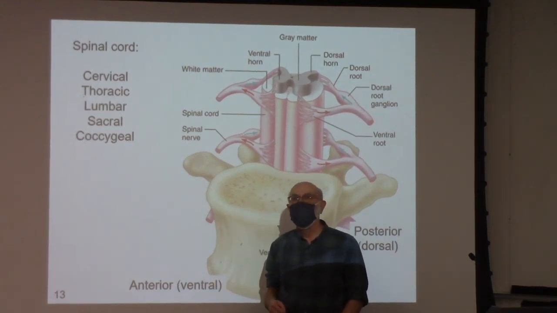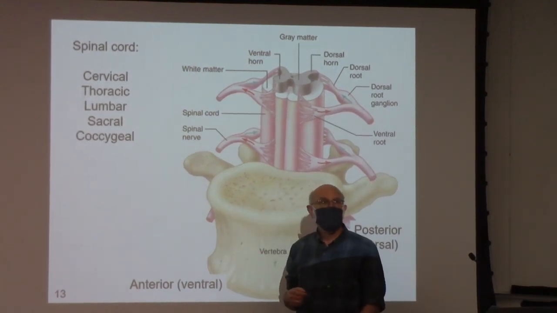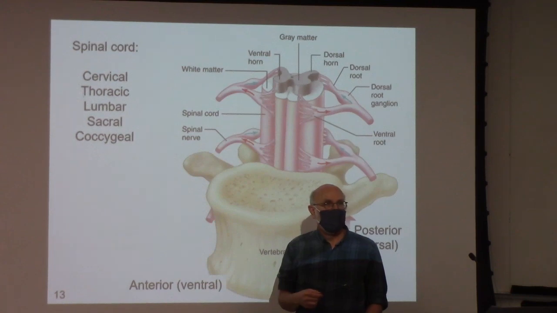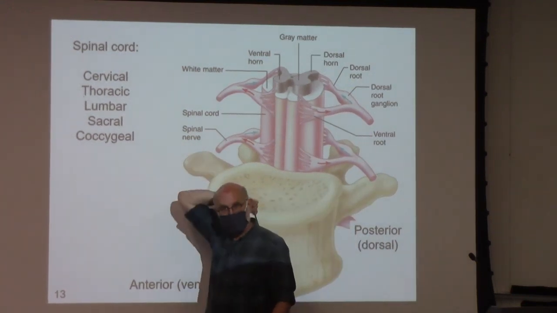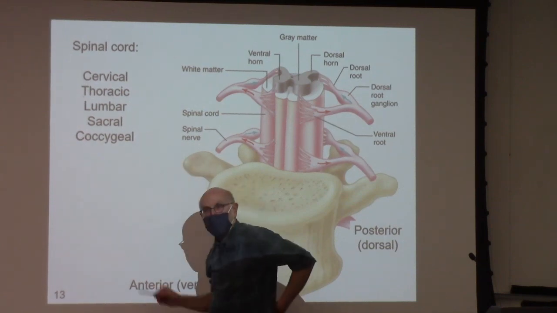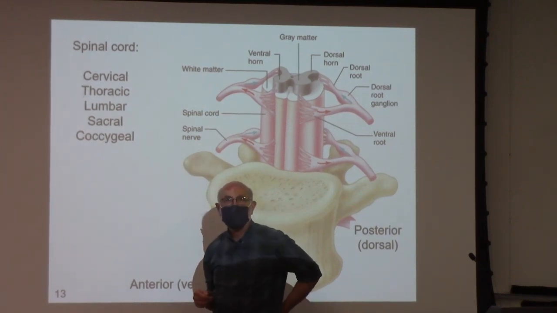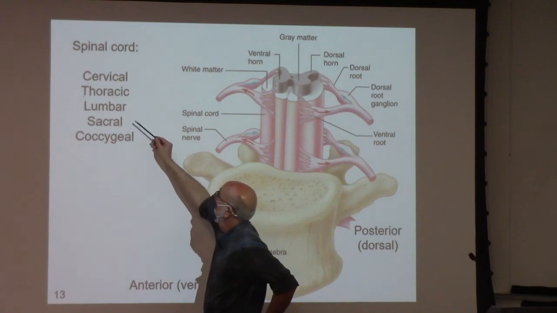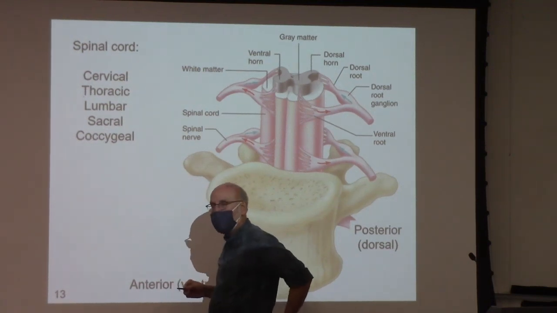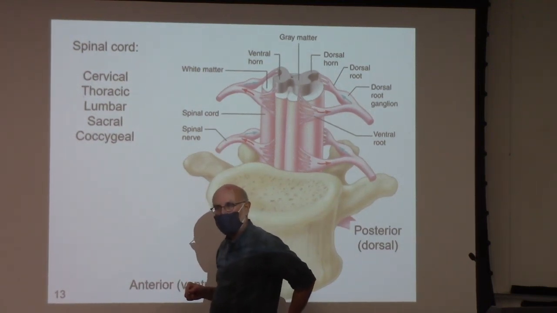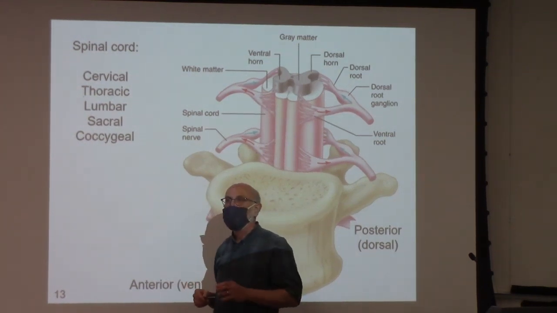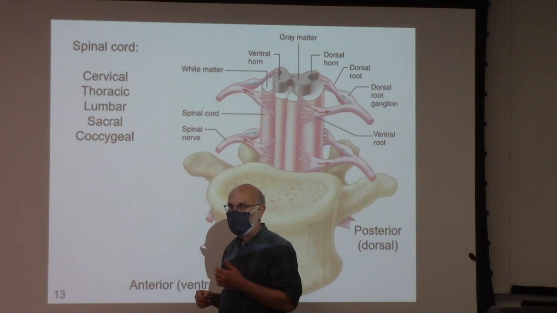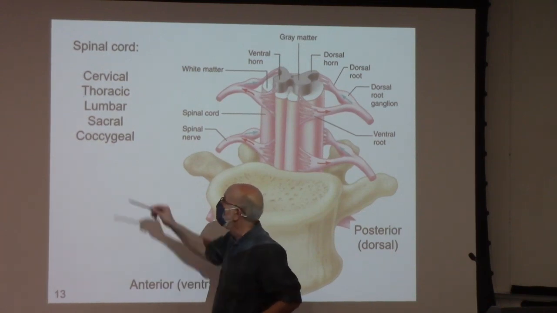I do want you to know the names of those sections of the spinal cord in order. Cervical, thorax, in the chest, lumbar, lower back. You've probably already heard that word. Sacral is sort of the base of the spinal cord. You can feel it, right? Your tailbone. Well, sacral and coccygeal are kind of fused, and they're in your tailbone. You don't have tails, but you do have a tailbone.